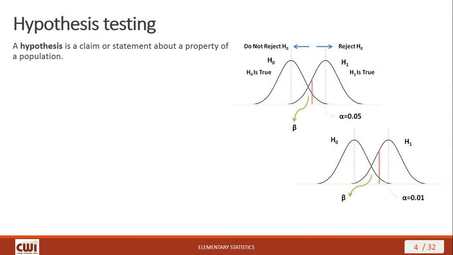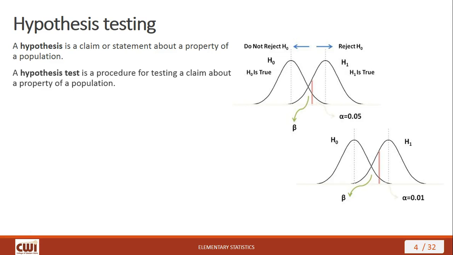So, to get started, let's talk about what it is that we're actually testing with hypothesis testing. What is a hypothesis? A hypothesis is simply a claim or statement about a property of a population. So we're looking at a population parameter, and we're making a claim about the value of that population parameter.